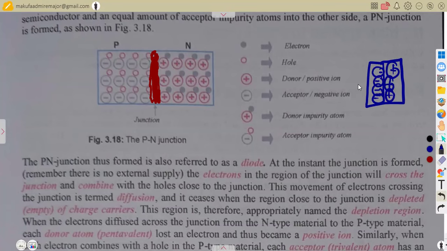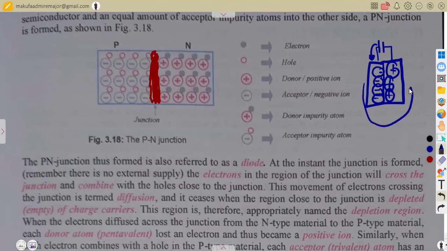So we are having positive, positive, negative. Remember the movement of the electrons. If you are to connect a battery, it must be like this. The negative, the movement of electrons, the electron current from the positive.